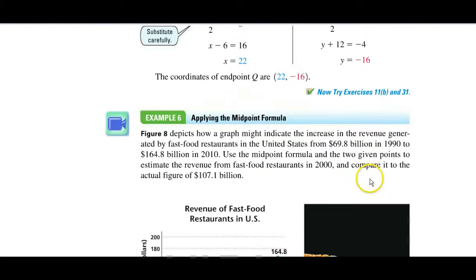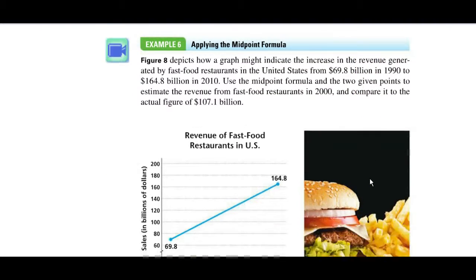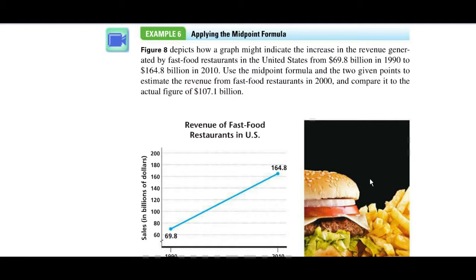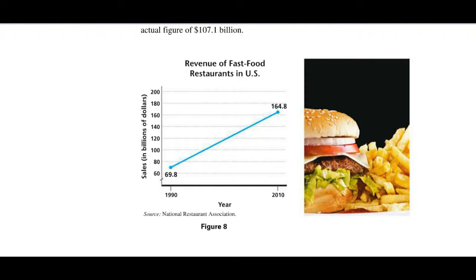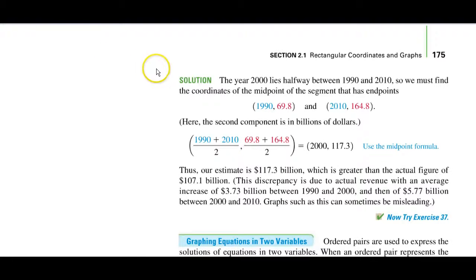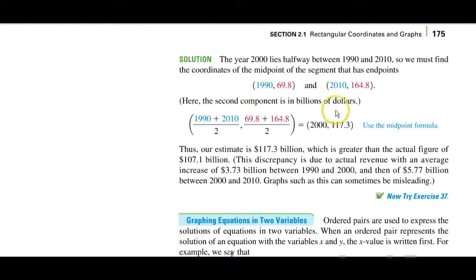Okay, now they're going to ask us to do an application using the midpoint formula. So to do this, you would have to read it carefully. Again, I'm not going to read it for you. If you had a graph, this would be what the graph looks like. You're looking for right there in the middle. And you would use, as we see on the next page, needing to figure what your ordered pairs are.